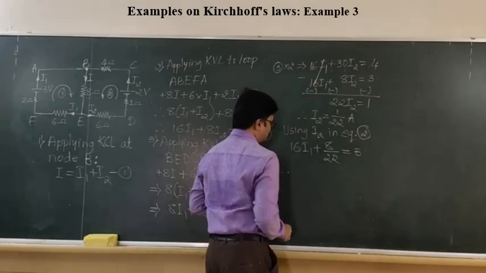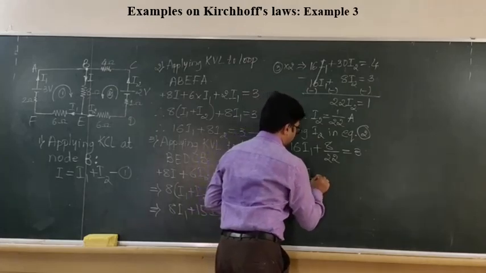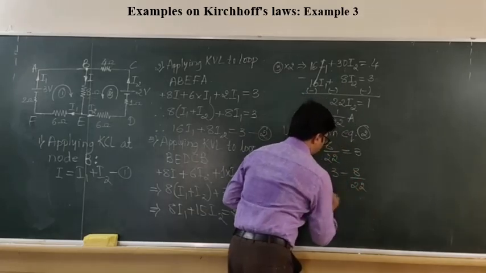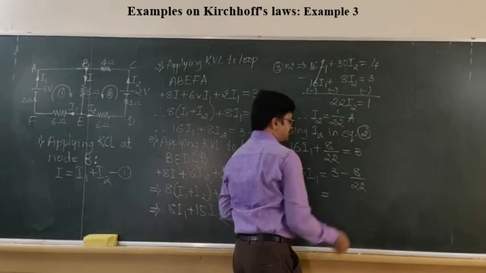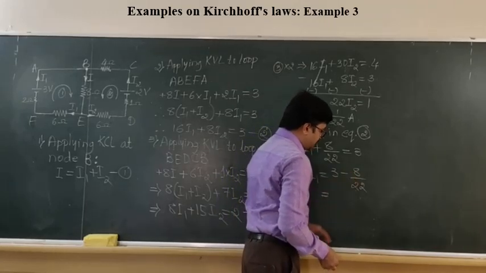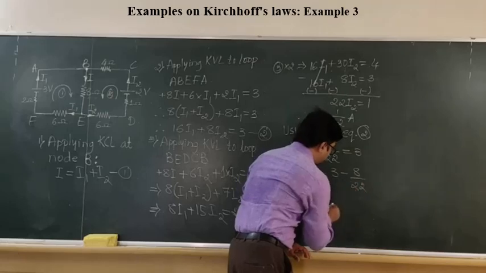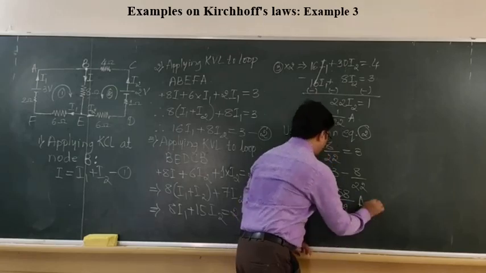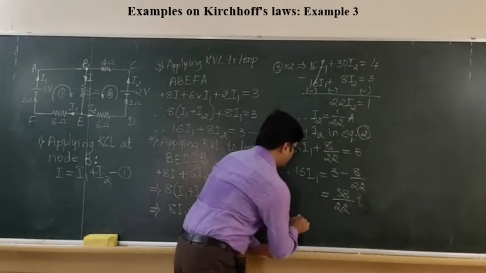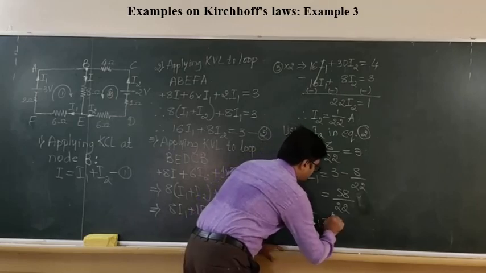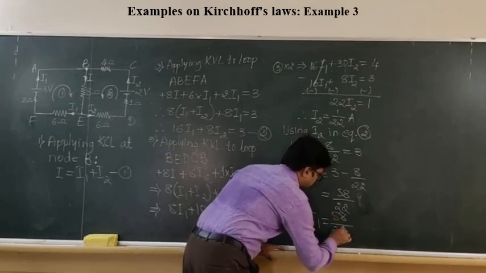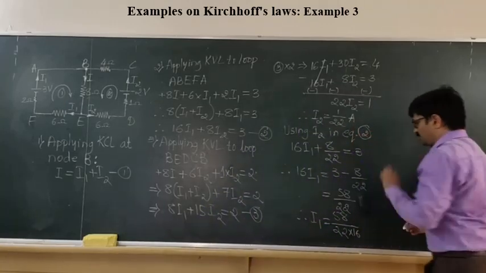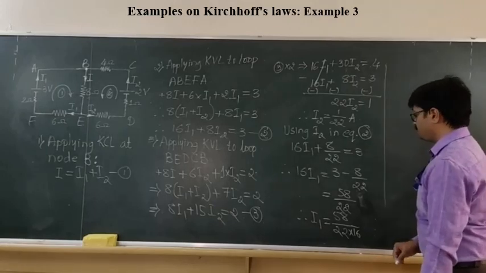So therefore 16I1 is equal to 3 minus 8 by 22. So 22 threes are 66, 66 minus 8. So here we get this as 58 divided by 22 ampere. I will not cancel this. So therefore I1 is equal to 58 by 22 into 16. Correct?